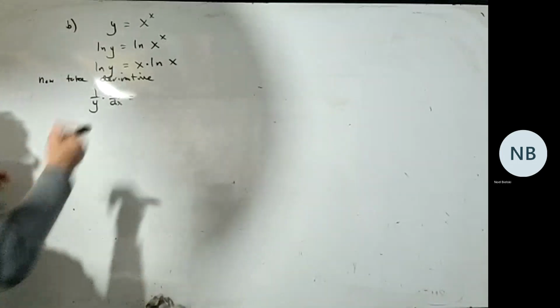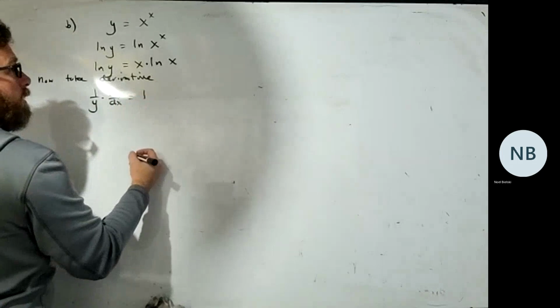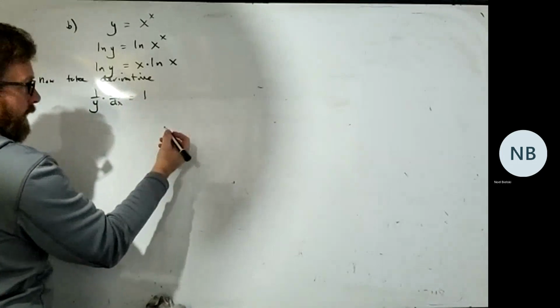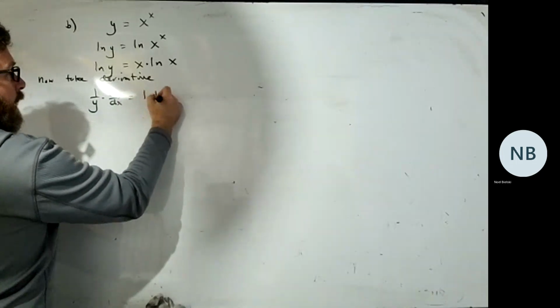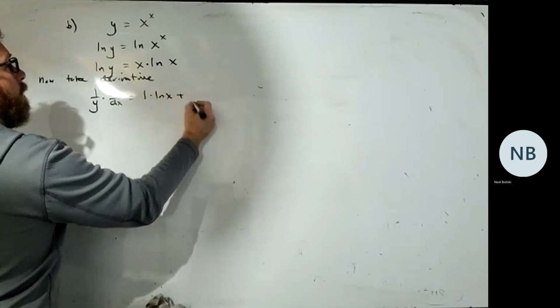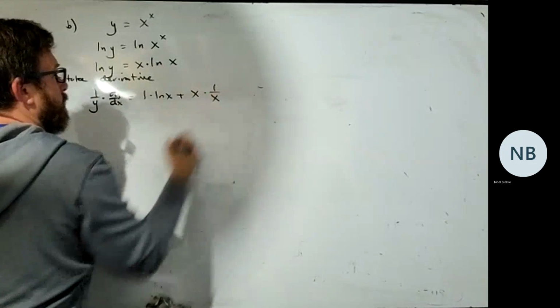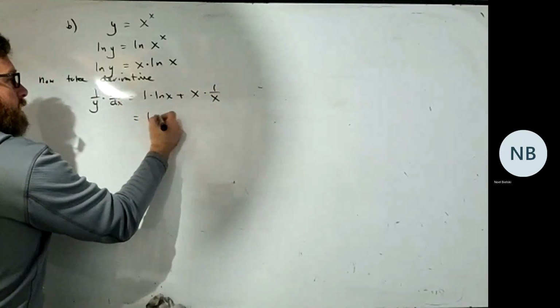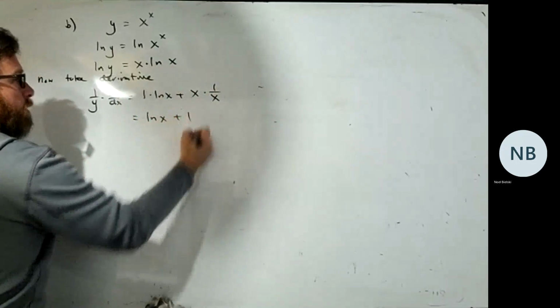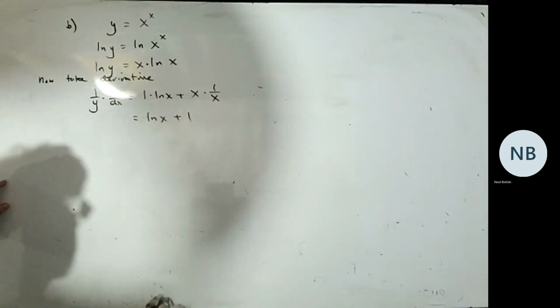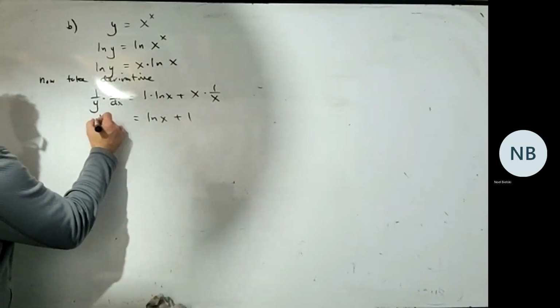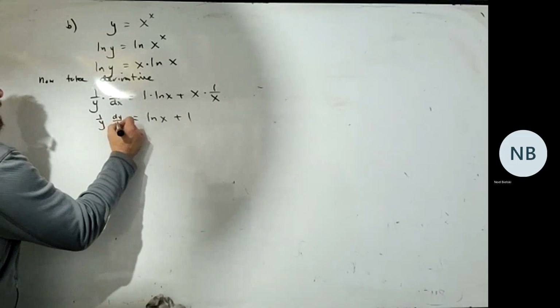So the derivative of the first is going to be the number 1 times the second, which is the natural log of x. Plus the first, which is x, times the derivative of the second, which is 1 over x. Cleaning that up, this is the natural log of x, and this becomes plus 1. Now remember, I still have 1 over y dy dx.